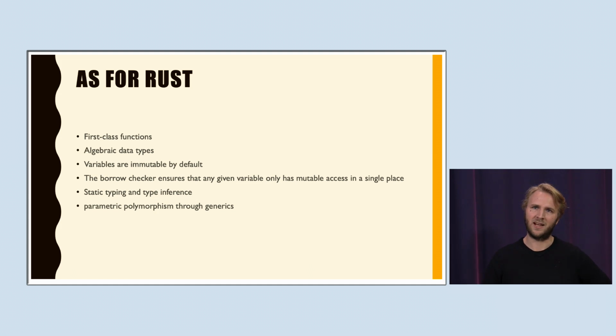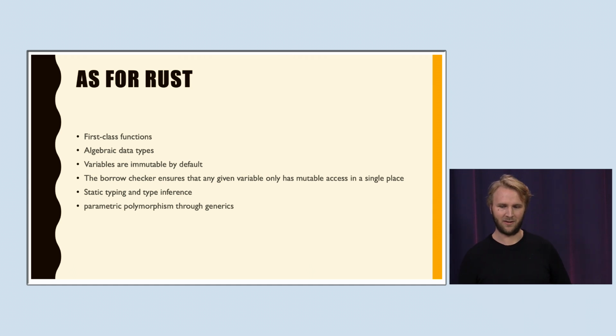What are some salient details about Rust then? Well, first off, it has first-class functions. It has algebraic data types. It encourages immutability. In fact, the borrow checker in Rust sometimes forces you to it.